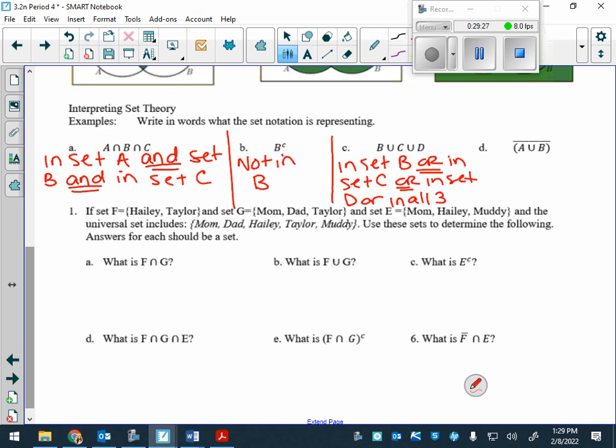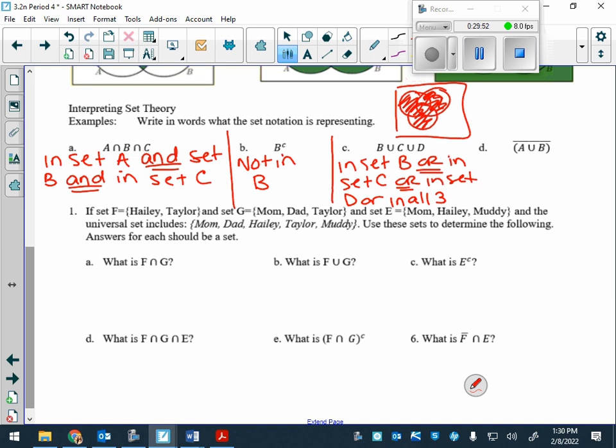So if I had a 3-set Venn diagram, that's what it looks like. If it's or, all of that would be shaded in. When you have a 3-set Venn diagram.